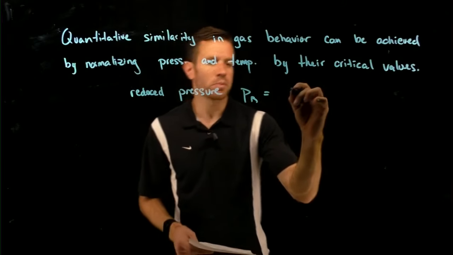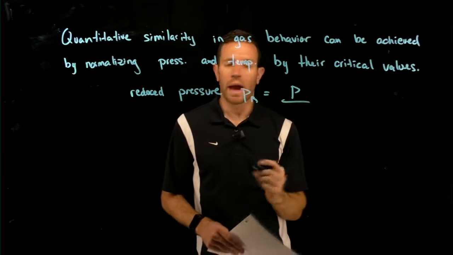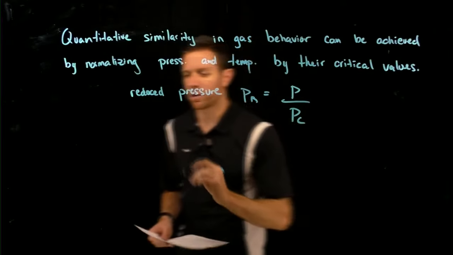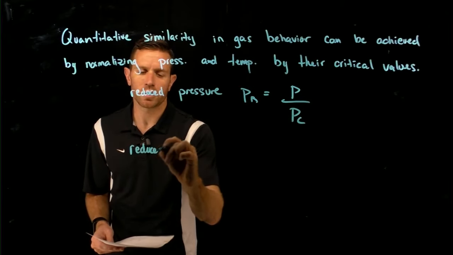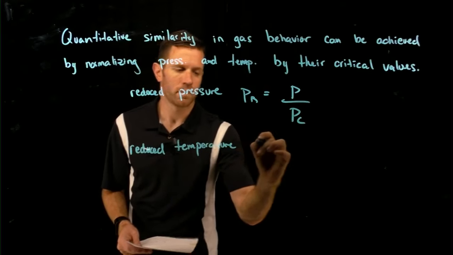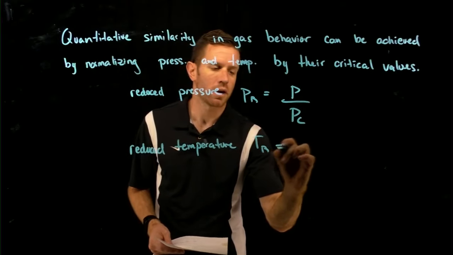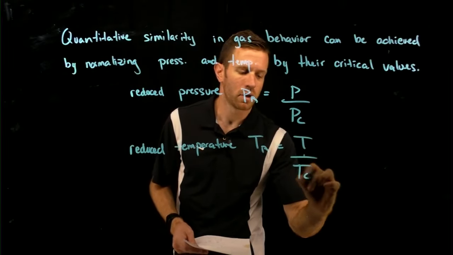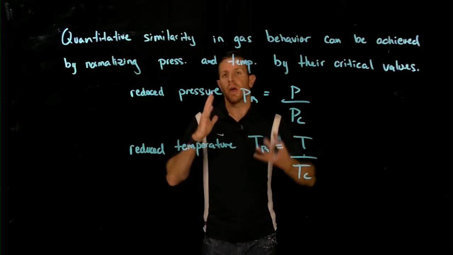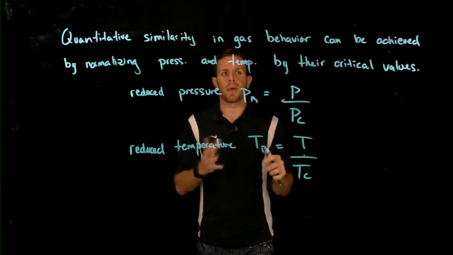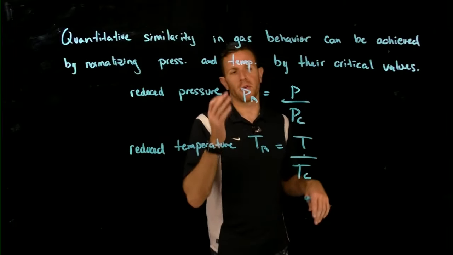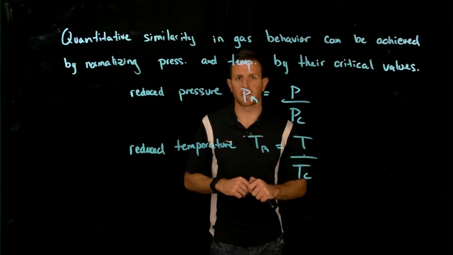This will be P subscript R, the pressure of my fluid divided by the critical pressure of my fluid, and then the reduced temperature, T subscript R, will of course be T over TC. So what these allow us to do is quantitatively compare the behavior of different gases by normalizing those gases by their critical pressures and temperatures.